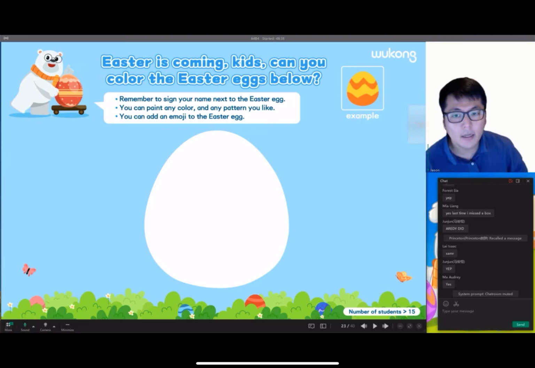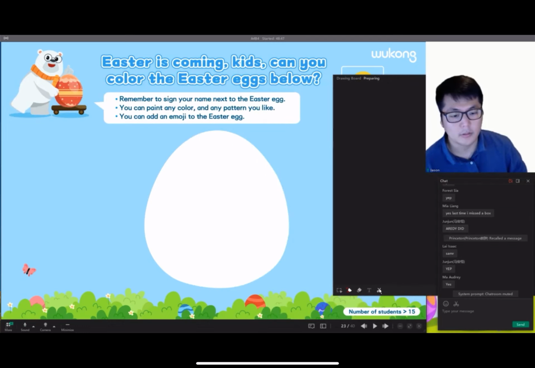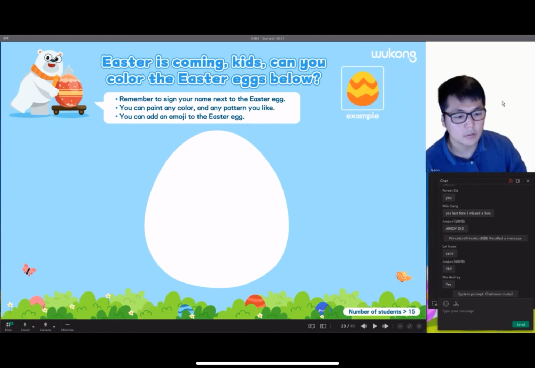You can paint any color, any pattern. You can add emojis to the Easter egg if you want. So let's have a go at this little Easter egg coloring competition. Let me just quickly grab the screenshot for this.